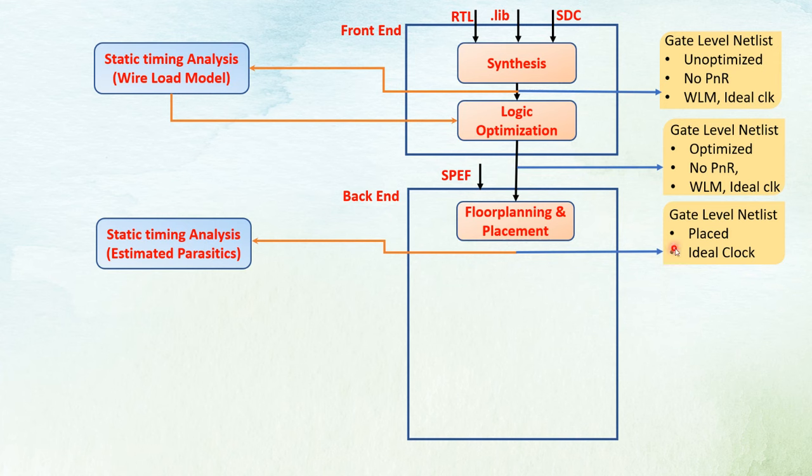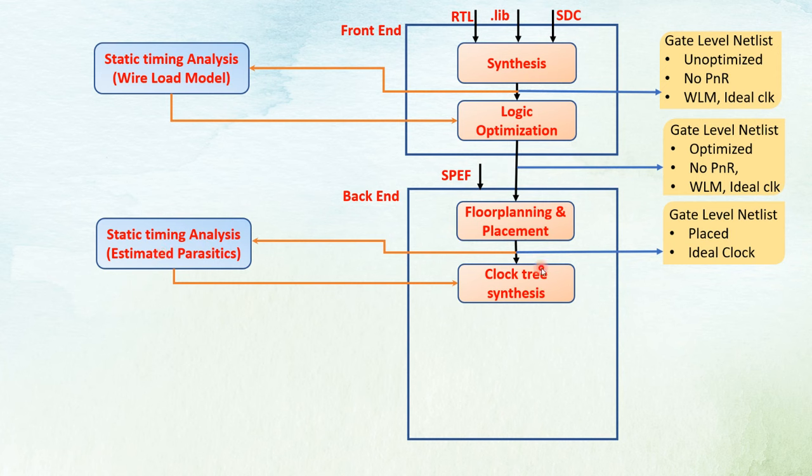As you can see here, after floor planning and placement, the gate level netlist that is created is placed, and the clock that we are using is the ideal clock only. After this step also, we do static timing analysis.